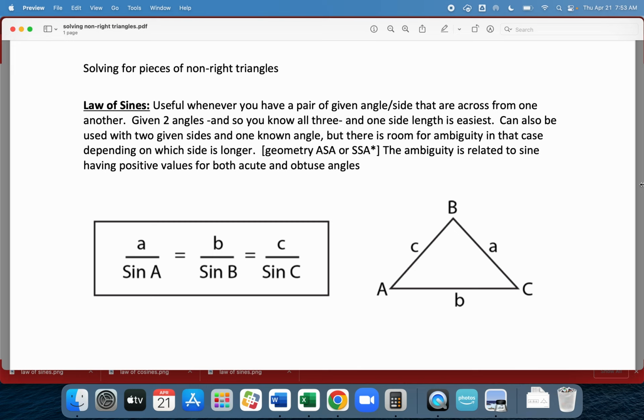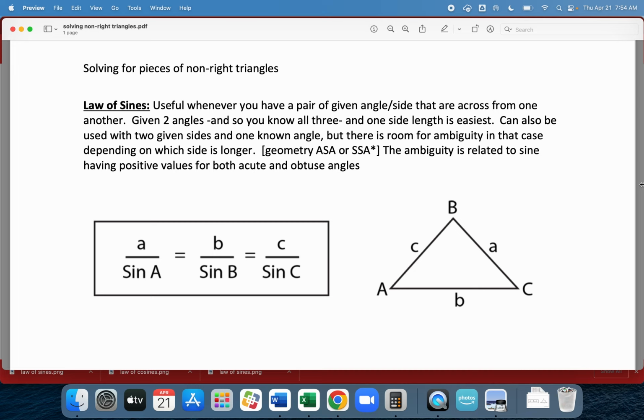So I have these 2 right triangles. I'm going to call this altitude, this perpendicular, H, not for hypotenuse, but it's the height of the triangle. So if I look at the triangle on the left, I have this angle and this side across from it and this hypotenuse of that now right triangle.